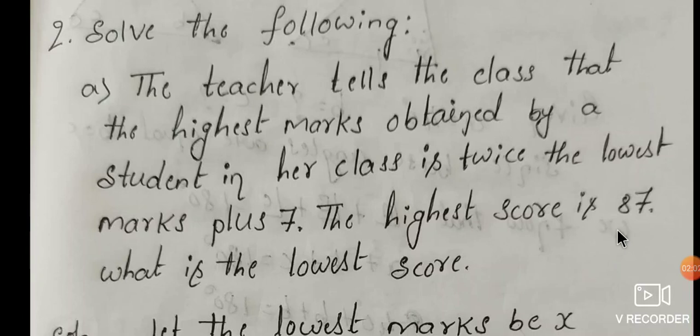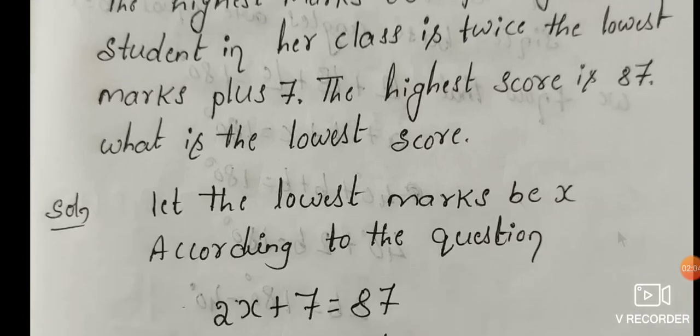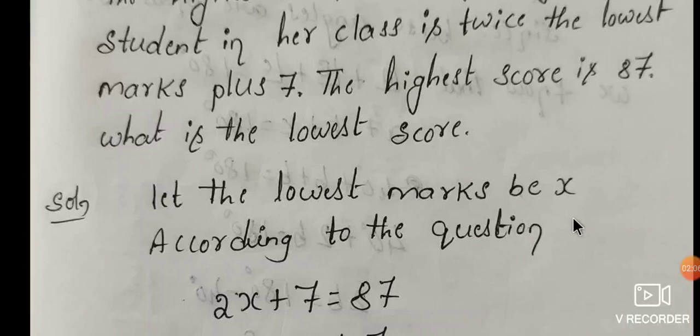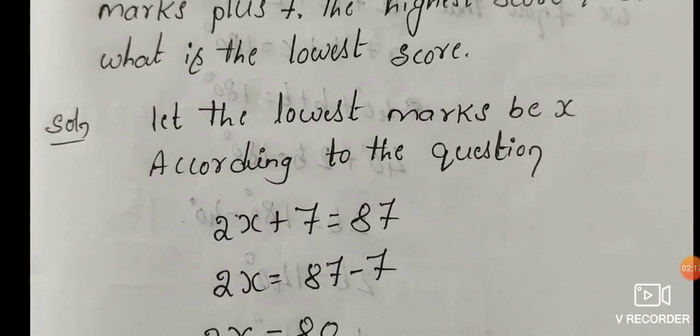First we should set up the equation. So first we consider: let the lowest marks be x. According to the equation, 2 times the lowest marks plus 7, we get 87, that is the highest score.